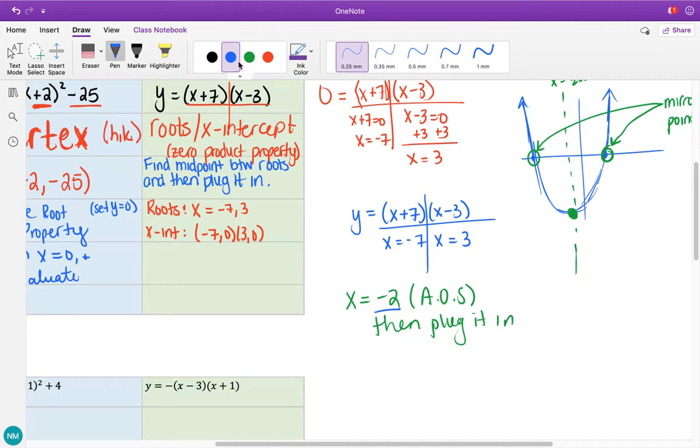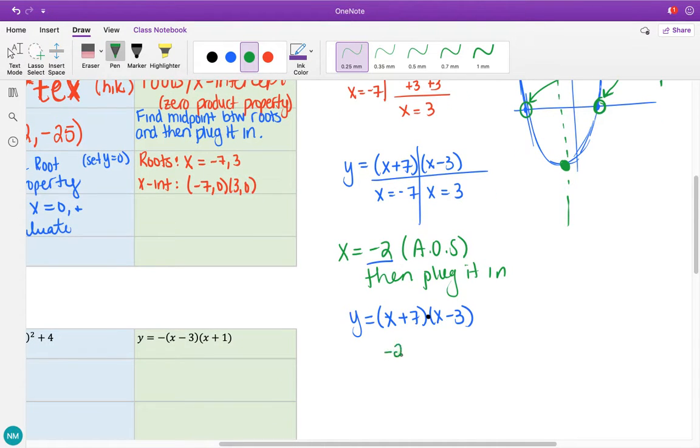Now keep in mind when you have factored form, x plus 7 and then x minus 3, these are being multiplied together right here. So I'm plugging in negative 2, right? Negative 2 plus 7 and then negative 2 minus 3.